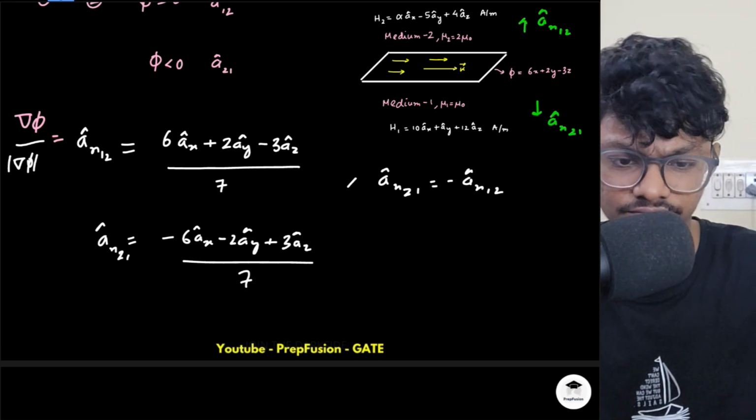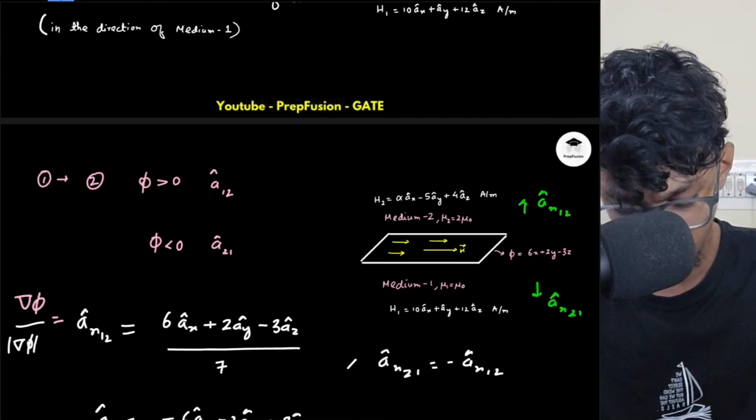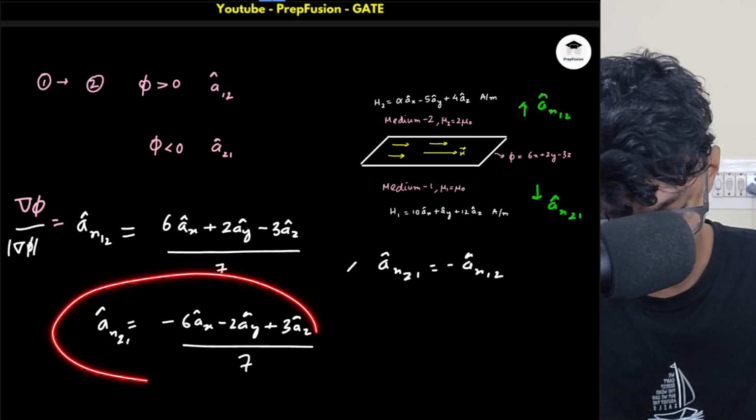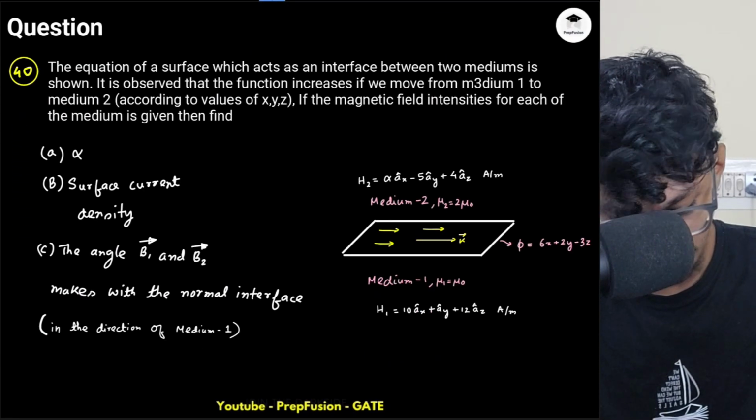So how will you solve? You have now identified this thing, so you can apply the normal boundary condition.